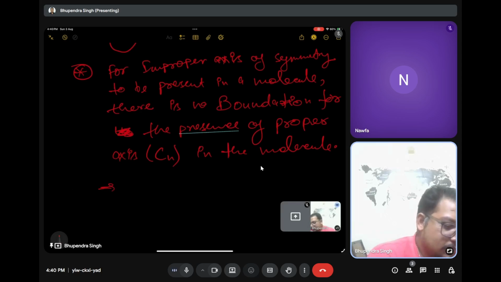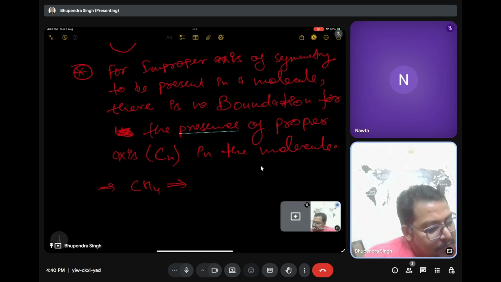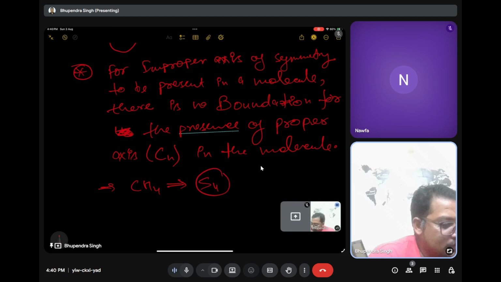So for the CH4 case, you have an improper axis of symmetry, but the C4 axis is not present.